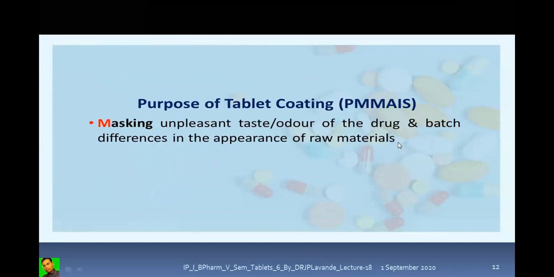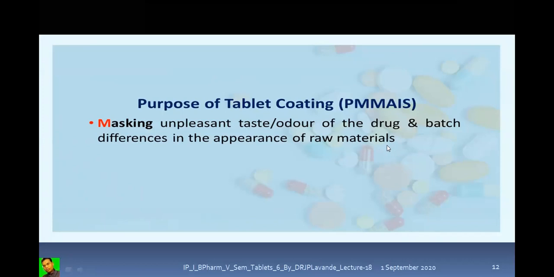Normally, this should not happen because there should be a regular supply of the raw material with the required specification in terms of colors also. But sometimes because of environmental changes, because of climatic differences, the same kind of raw material might have some different color.